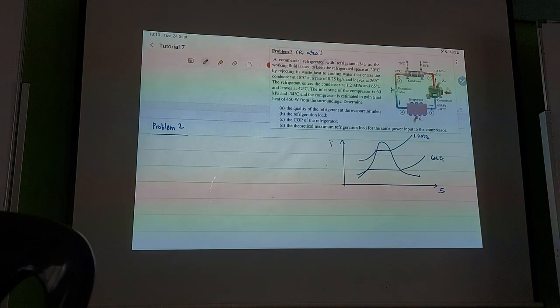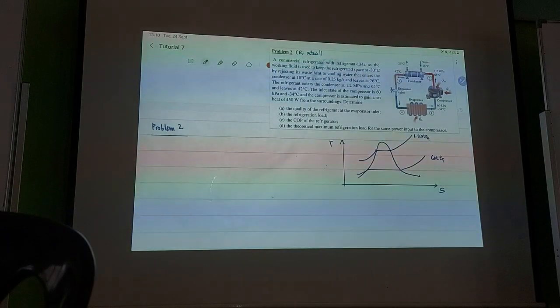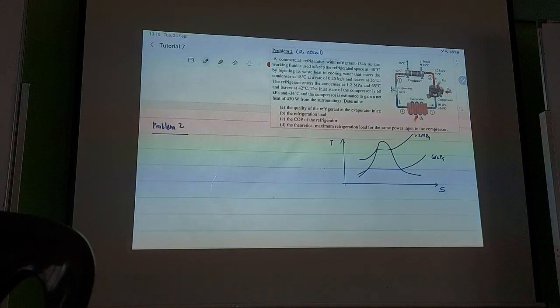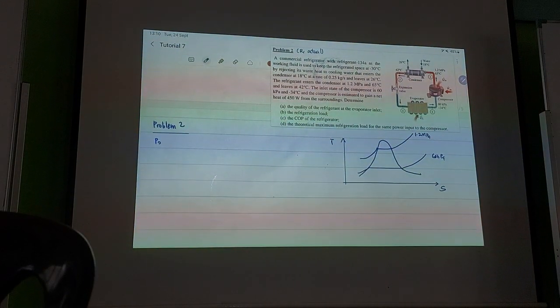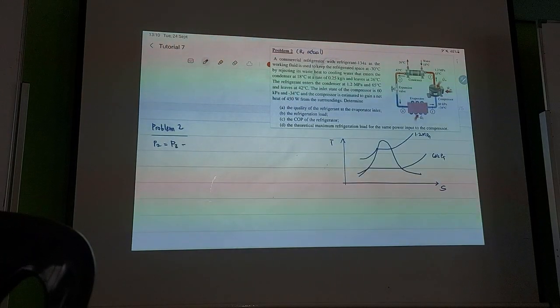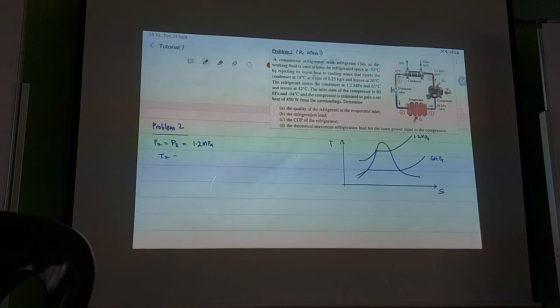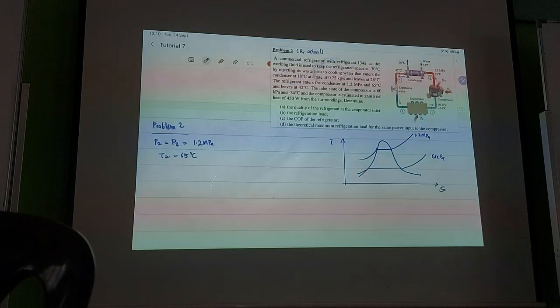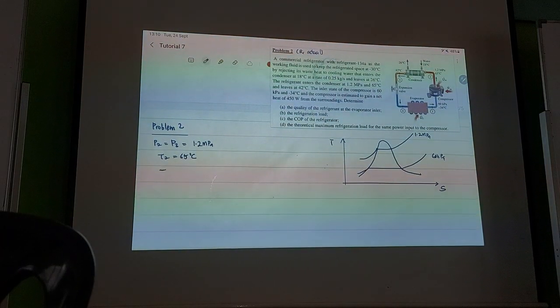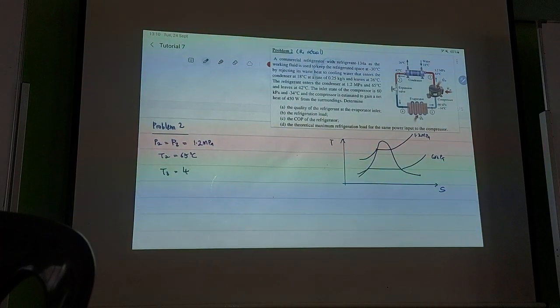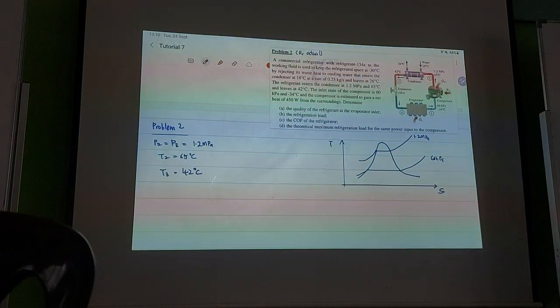The refrigerant enters the condenser at 1.2 megapascal. So we know that P2 equals P3 equals 1.2 megapascal. T2 is 65 degrees Celsius, T3 is 42 degrees Celsius. These are all given to you.